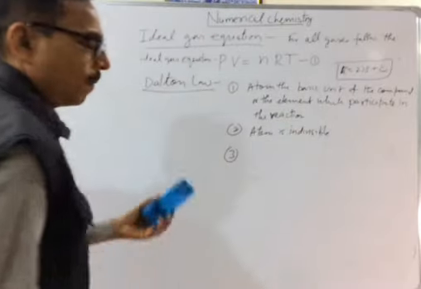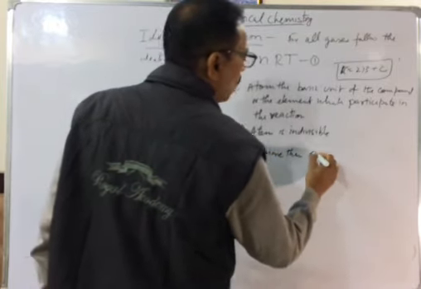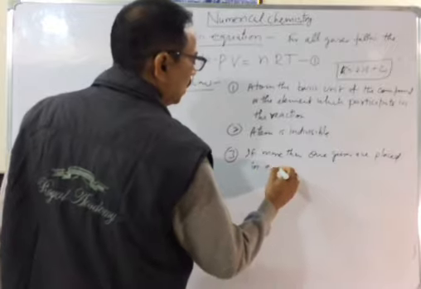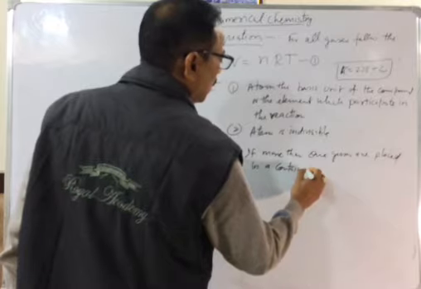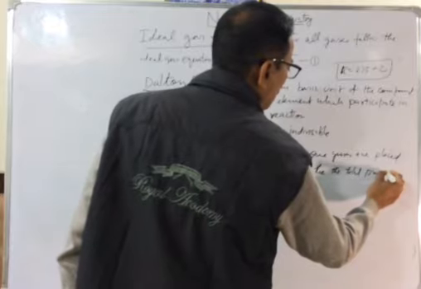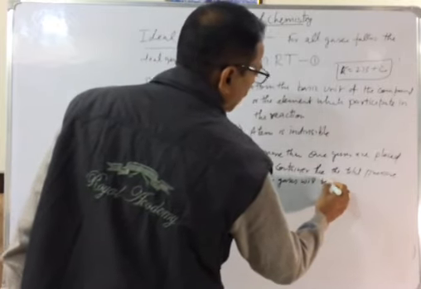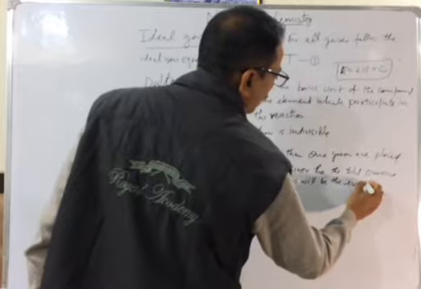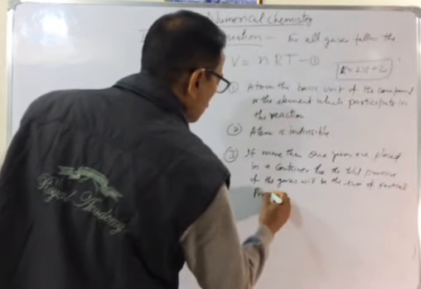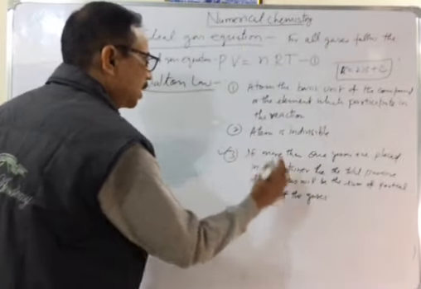And number third, suppose if more than one gases are placed in a container, the total pressure of the gases will be the sum of partial pressure of the gases. So it is very important from the numerical point of view.